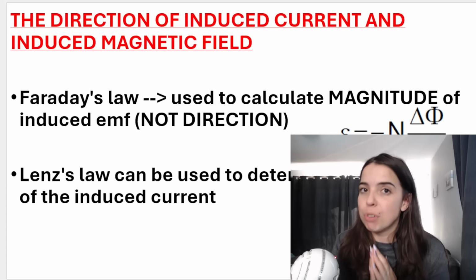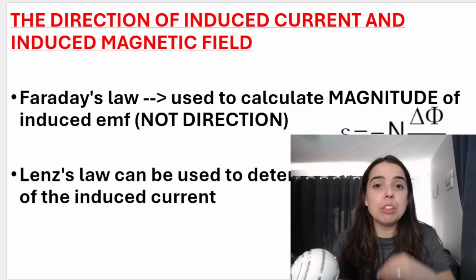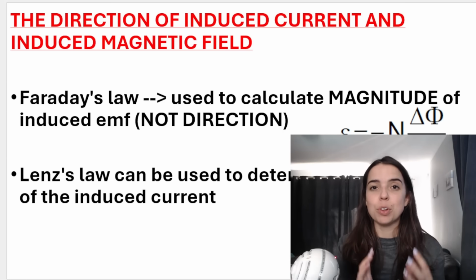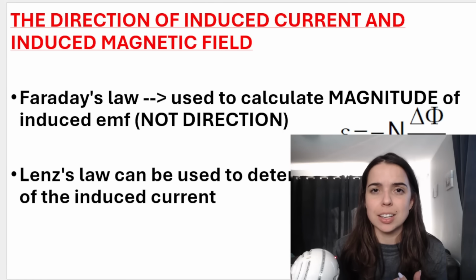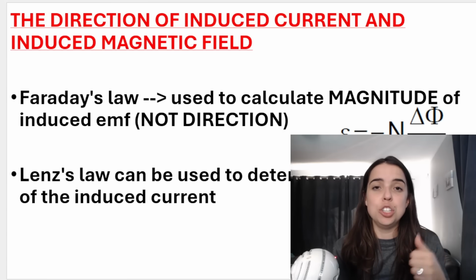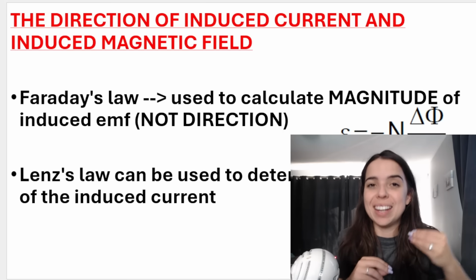What you also know from previous lessons in this playlist is that if there's a current flowing through a conductor, so a current carrying conductor, a magnetic field is produced around that conductor. So we've got a magnet moving in and out of a conductor, and that creates an induced EMF, which creates an induced current. That current creates its own magnetic field.